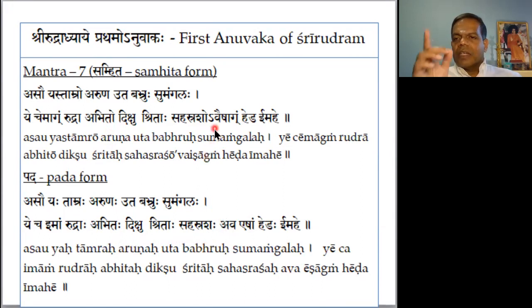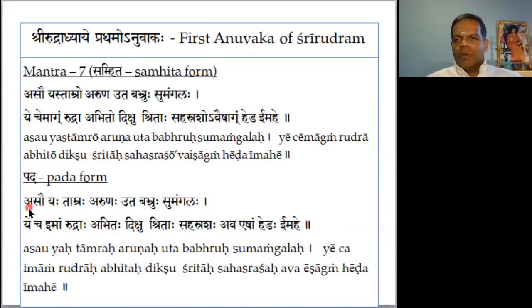The A has become an Avagraha, that is, the A is silent in the Sandhi, and it's depicted with an S-shaped Avagraha, a silent A. Eshaam, the Va and A become Y. Esham, again Sham has become Gum, so I have removed the G for our purposes. Hedaha, again the Visarga is dropped because of Sandhi, Imahe.